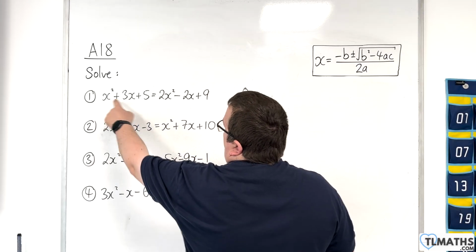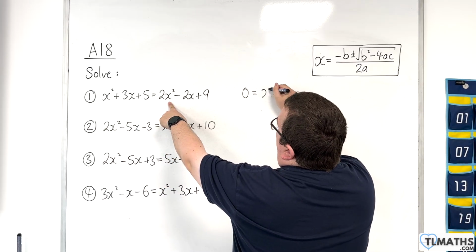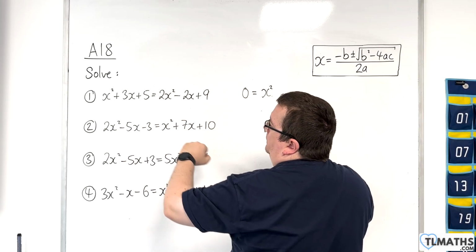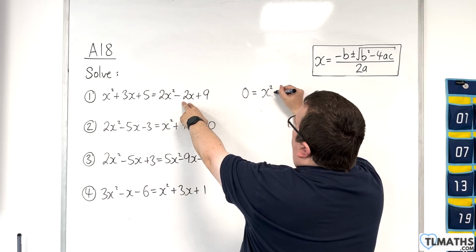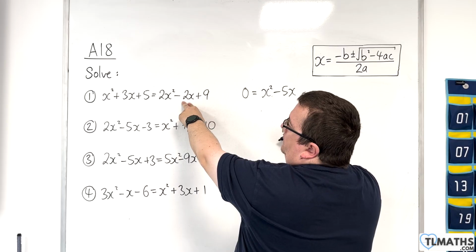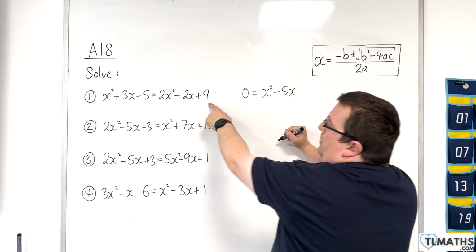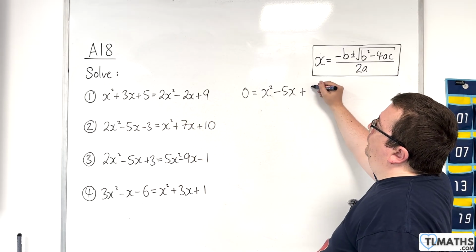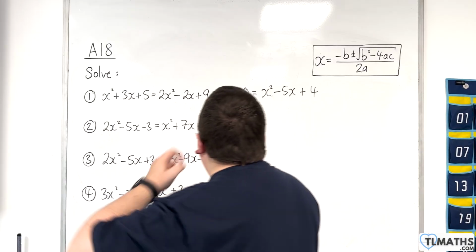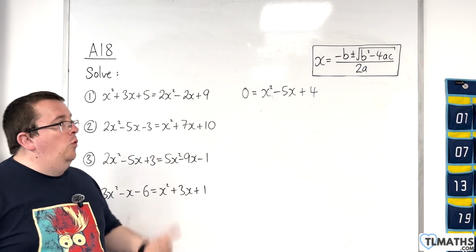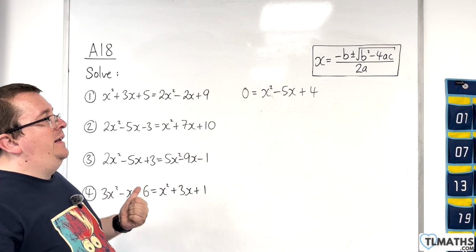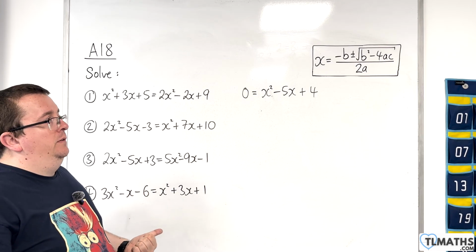If I subtract x squared from both sides, I get x squared left on the right-hand side. I'm going to subtract 3x from both sides, so I get minus 5x on the right-hand side. Then I subtract 5 from both sides, and I get plus 4. Now I've ended up with a quadratic where the coefficient of x squared is 1. So my first instinct is, can I factorise it?